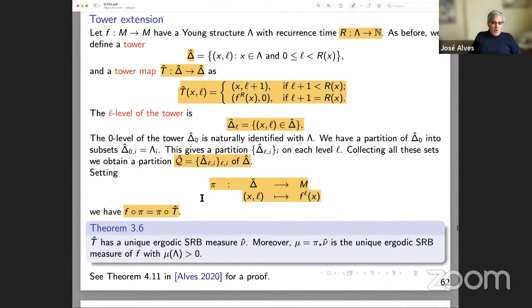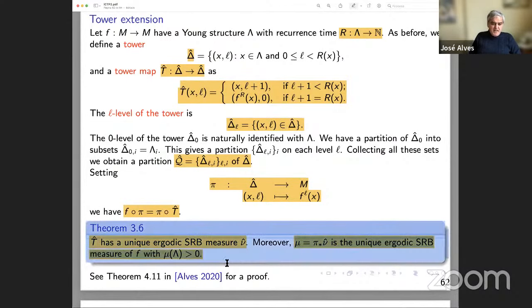And this tower also has some good properties. It has a unique ergodic SRB measure, nu hat. And the projection, or push forward, of this ergodic SRB measure under this pi is precisely the unique ergodic SRB measure for the original system that gives positive weight to the set lambda.